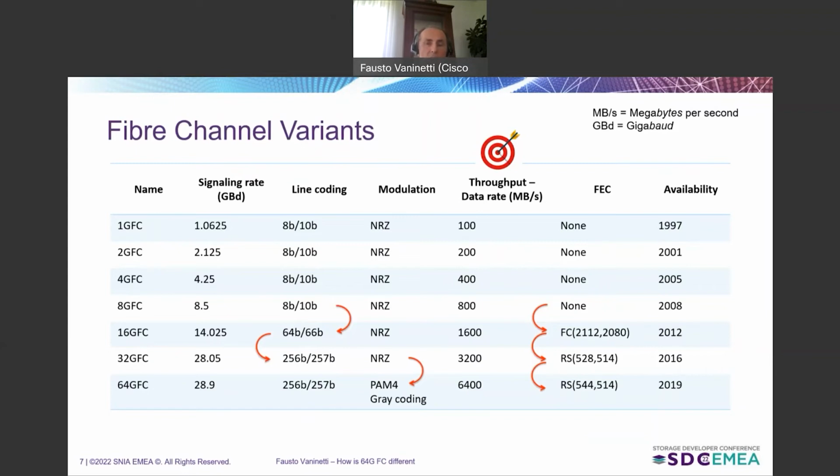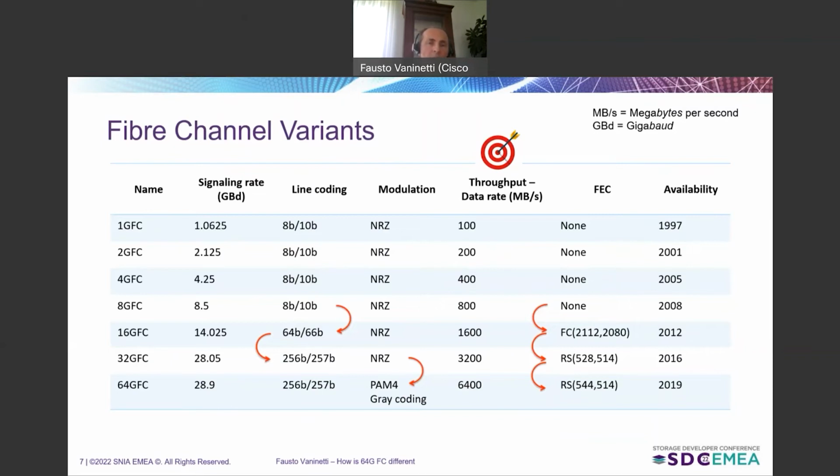First of all, the line coding moved from 8B/10B to 64B/66B for higher efficiency. And also, forward error correction was introduced as an optional element, but if you wanted to enable forward error correction, you had to follow the standard, and that was the Fire Code FEC standard.